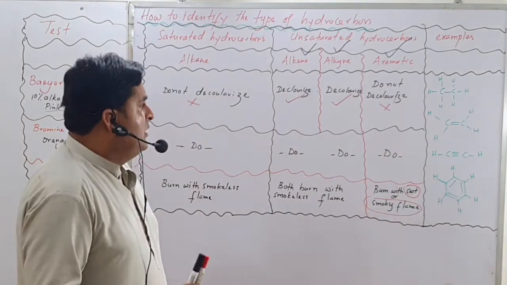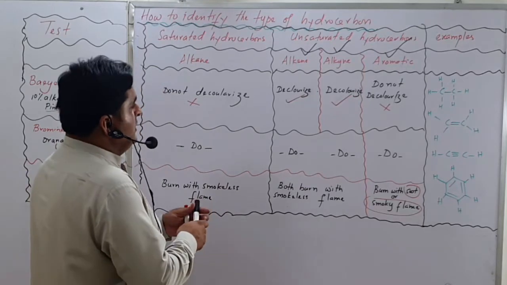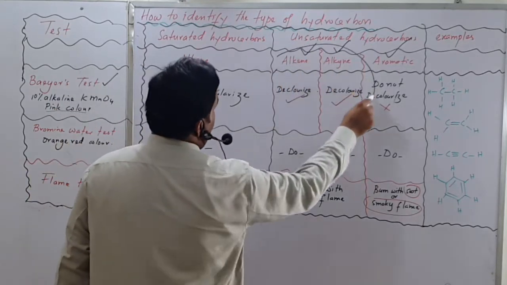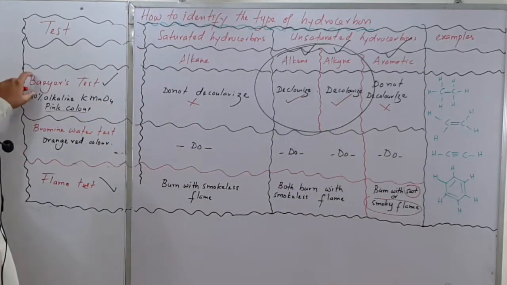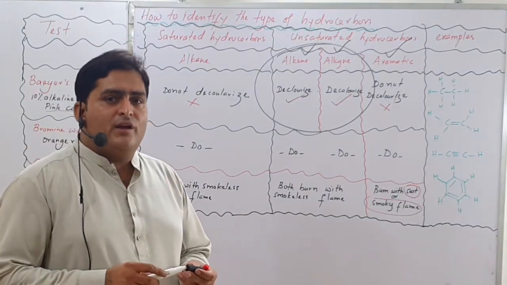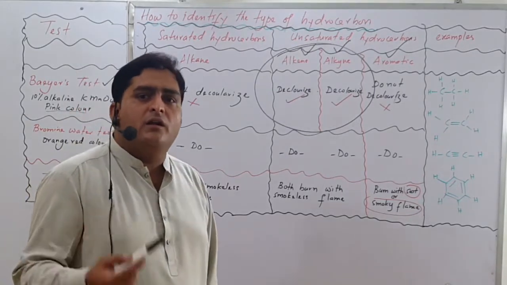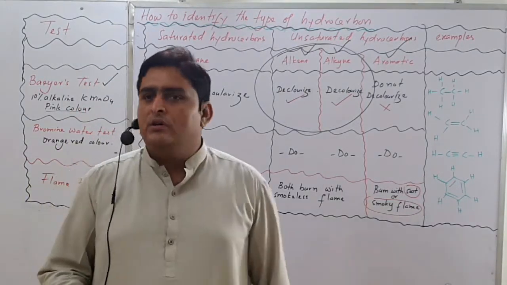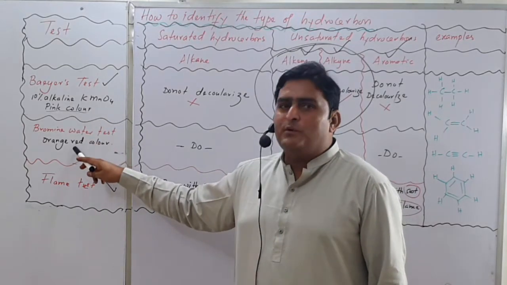So one thing we should keep in mind is that both alkenes and alkynes are positive with the Bayer's test and the bromine water test. So how do we differentiate these? How can we recognize whether we are having an alkene or an alkyne? Because both decolorize Bayer's reagent as well as bromine water.